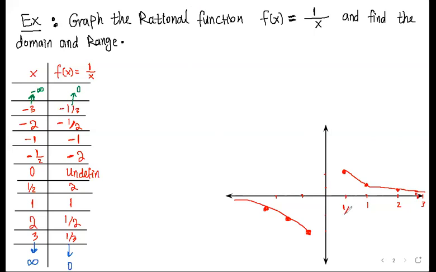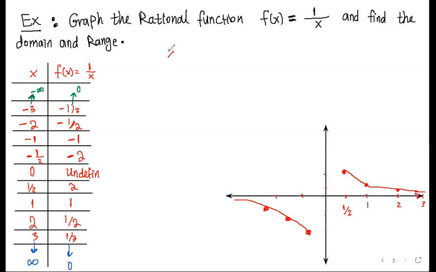You're dividing by smaller and smaller numbers, so you're going to get bigger and bigger values. When I divide by smaller and smaller numbers, the values become bigger and bigger, close to the y-axis, but they do not touch this axis.